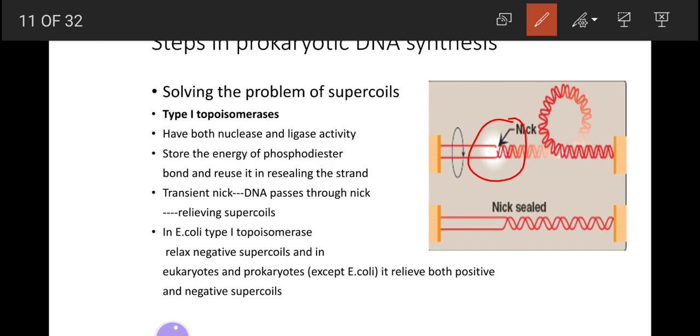So a transient nick is produced, the DNA passes through that nick, the supercoil is relieved, and finally the nick is sealed again. In E. coli, type 1 topoisomerase relaxes negative supercoils, and in eukaryotes and in all other prokaryotes except E. coli, it relieves both positive and negative supercoils.